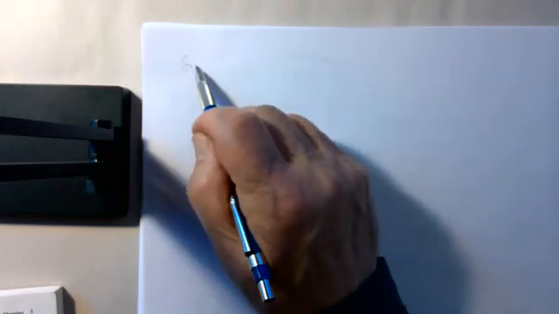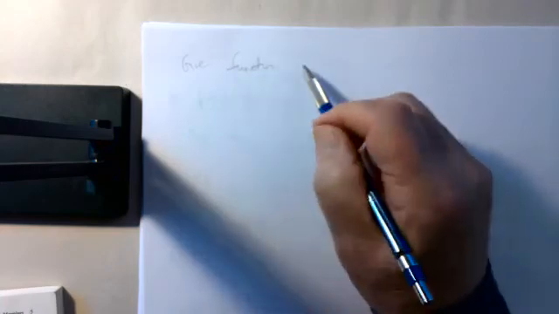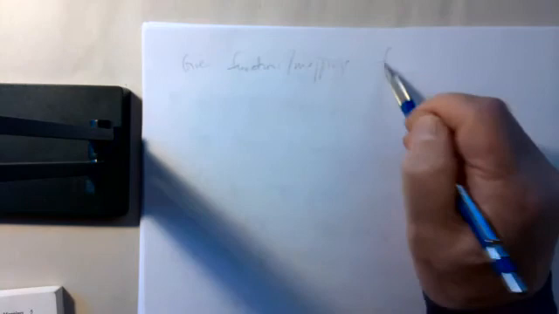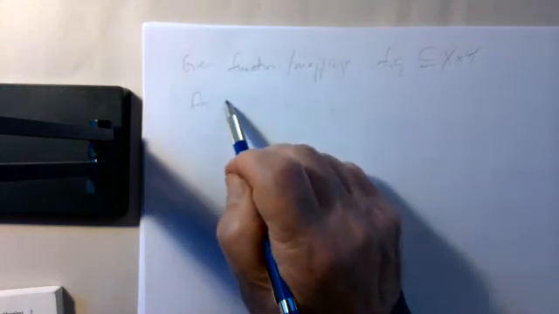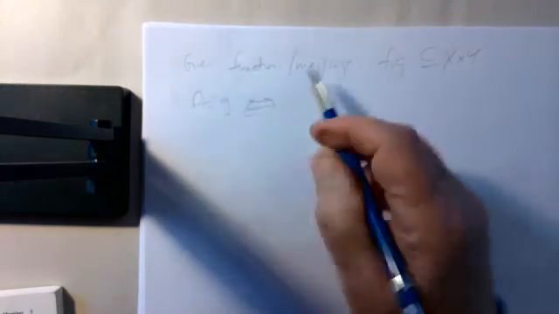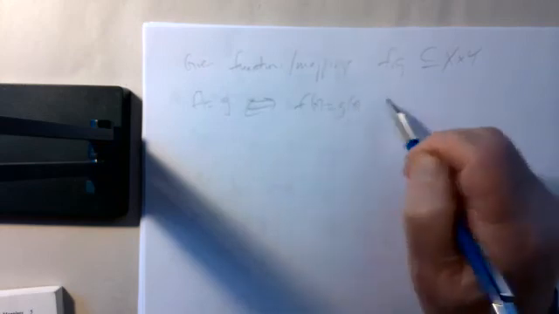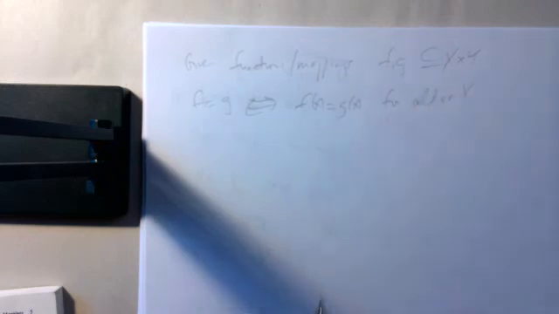Suppose we have functions or mappings f and g from X to Y. We say that f equals g. This means f of x equals g of x for all x in X. Right? It's exactly the definition you would use in calculus.